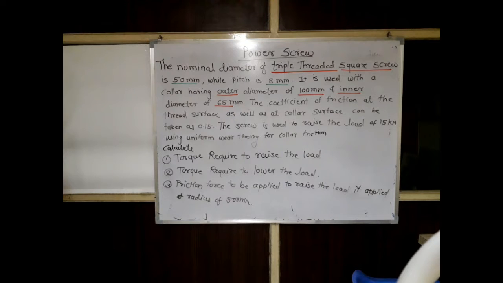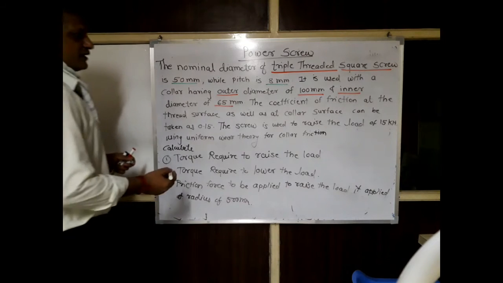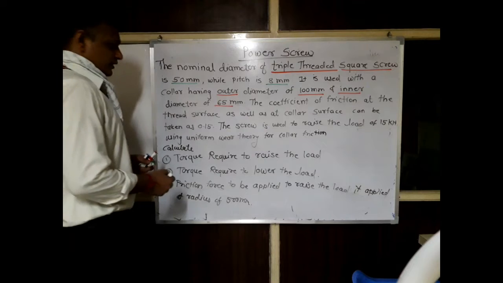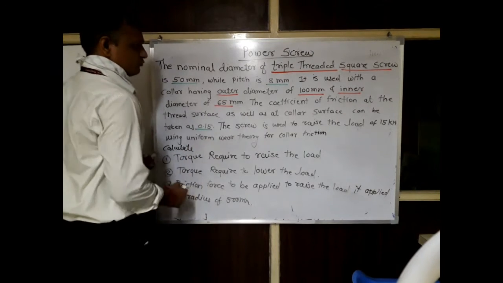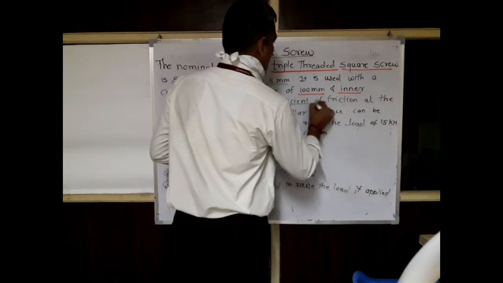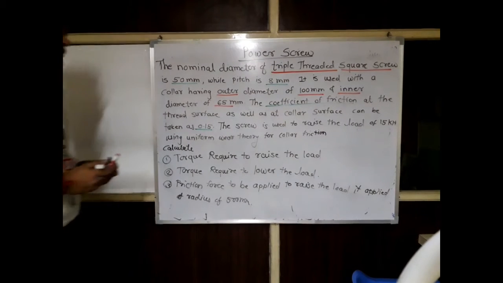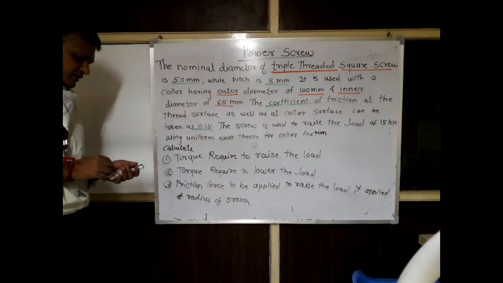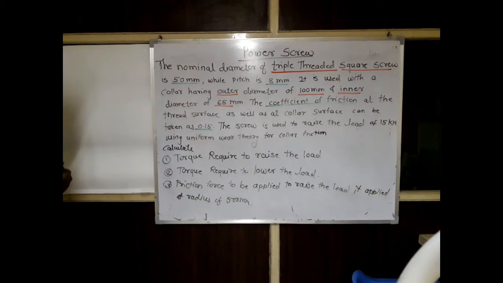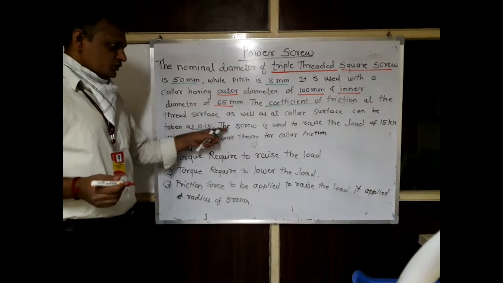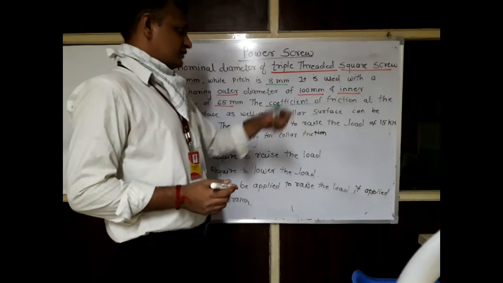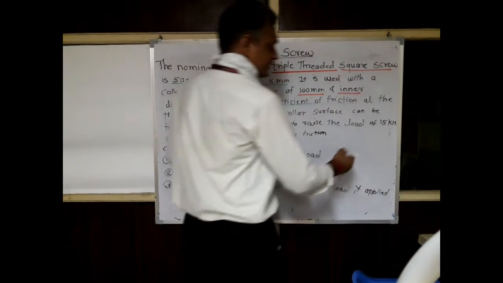The coefficient of friction at thread as well as at the collar surface is 0.15, that is, mu of thread and mu of collar is 0.15. The screw is used to raise the load of 15 kilonewton.